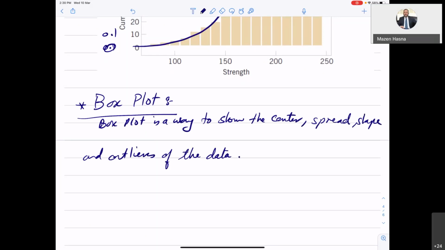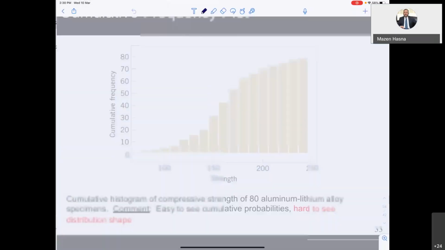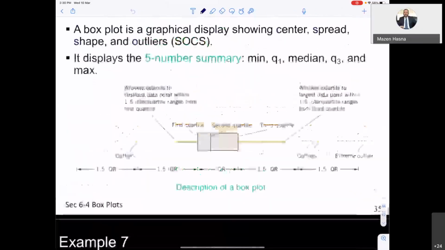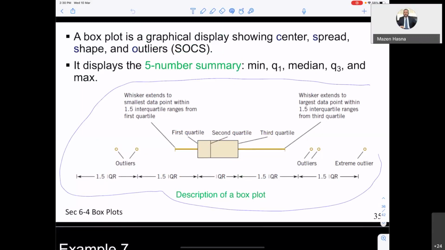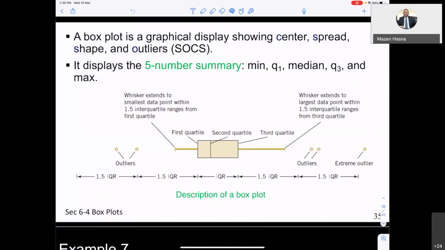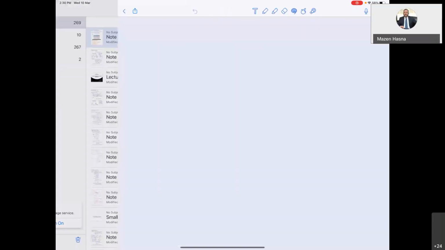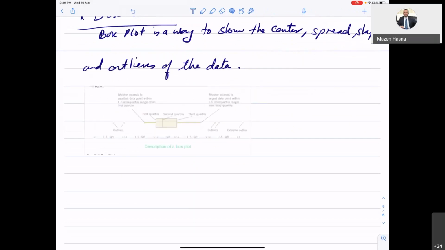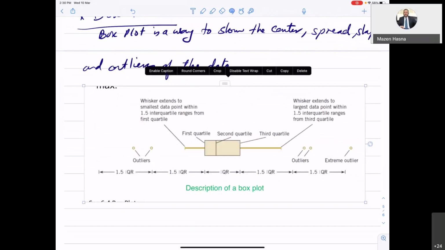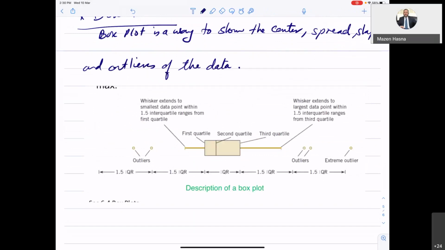How does the box plot look like? It will look something like this.